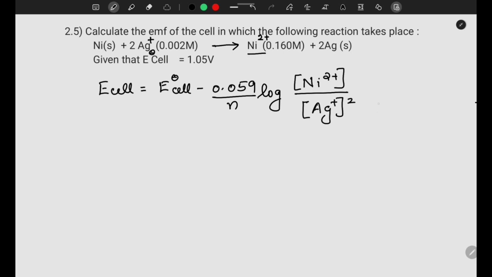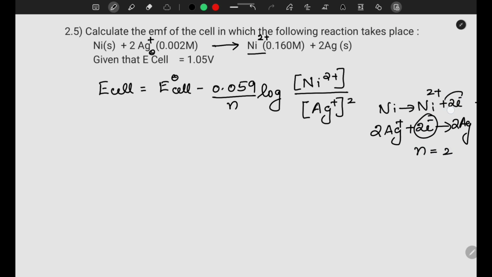Here Ni is changing to Ni2+, 2 electrons. So number of moles of electron involved is 2, and 2Ag+ + 2 electrons gives 2Ag. So n equal to 2. E naught cell is given in the question.